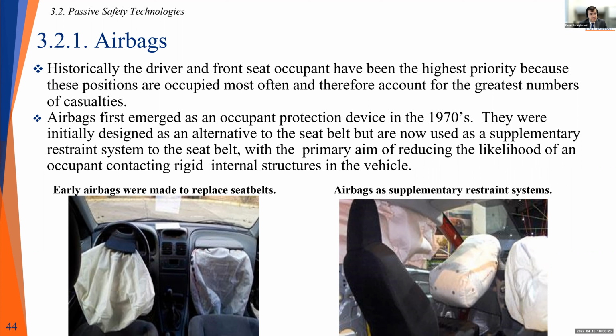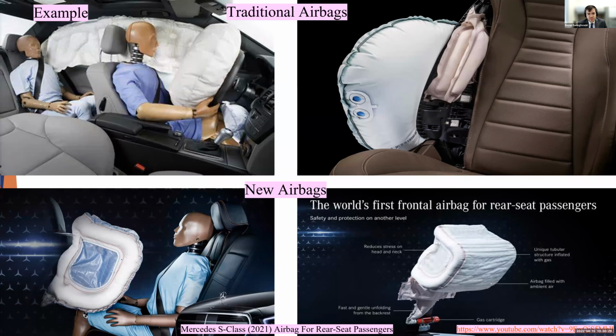As you can see in this slide, traditionally we just used to have airbags for the front seats. But now there are plenty of new technologies specifically for the people in the back seats, specifically in the Mercedes-Benz S-Class. They're working a lot on the back seat airbag.